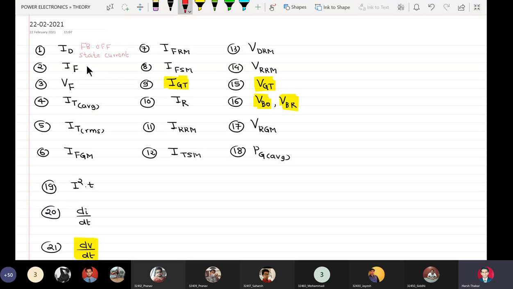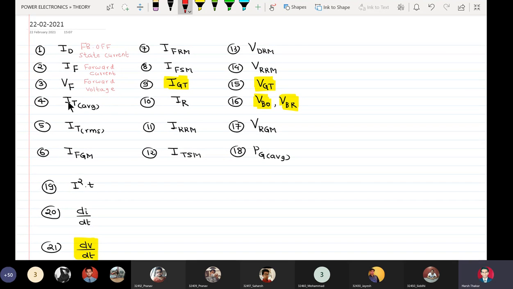IF would mean forward current. VF will mean forward voltage. These are all very simple ratings, but they will become more complex once we proceed.